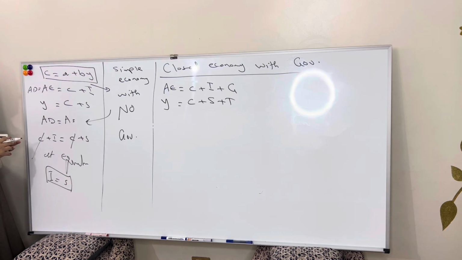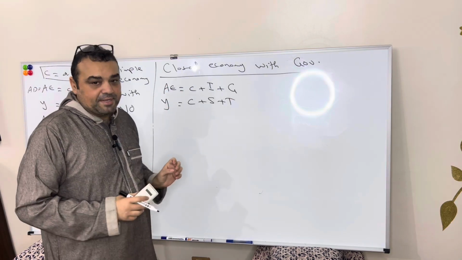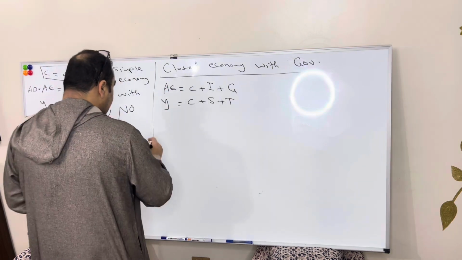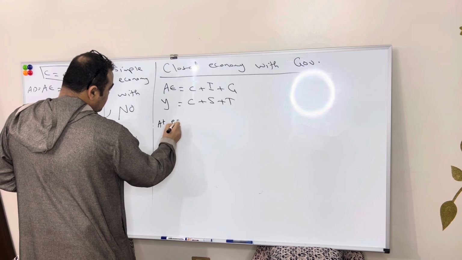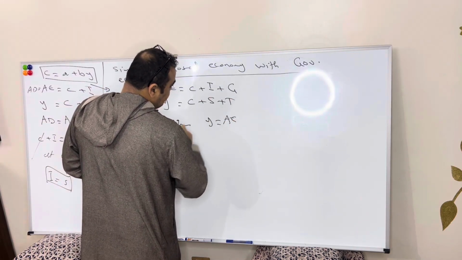At equilibrium, Y equals aggregate expenditures.